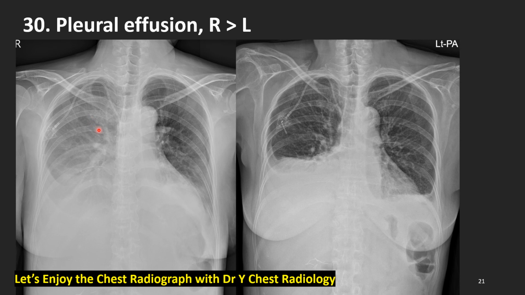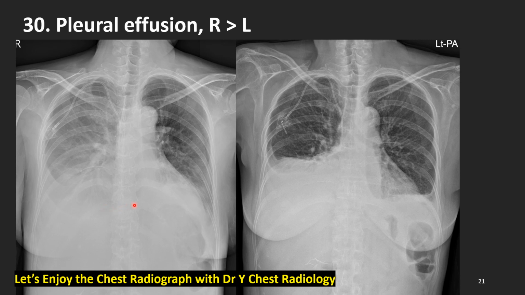If we see the pulmonary vessels in AP supine view, I say it to you once again, the pulmonary parenchyma is relatively okay. So this is more likely to be a diffuse large amount of pleural effusion.